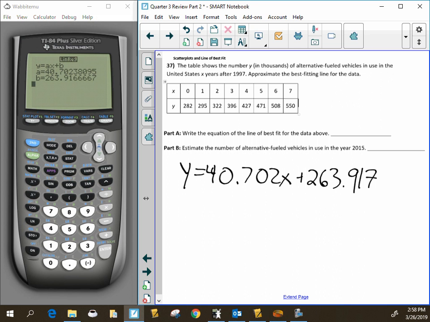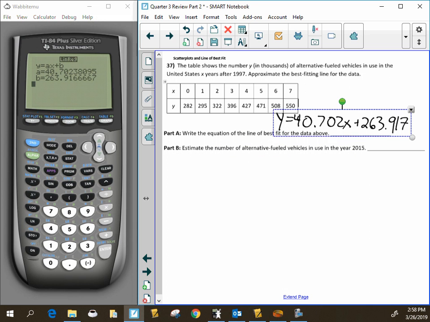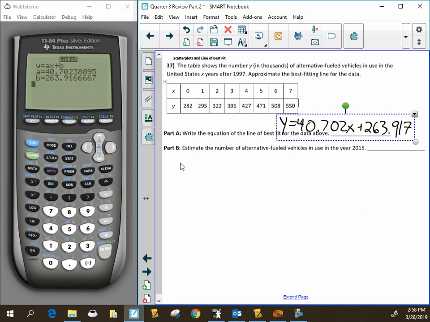So that's part A. So then part B is estimate the number of alternative fuel vehicles in 2015. But the key here is that these numbers are years after 1997.